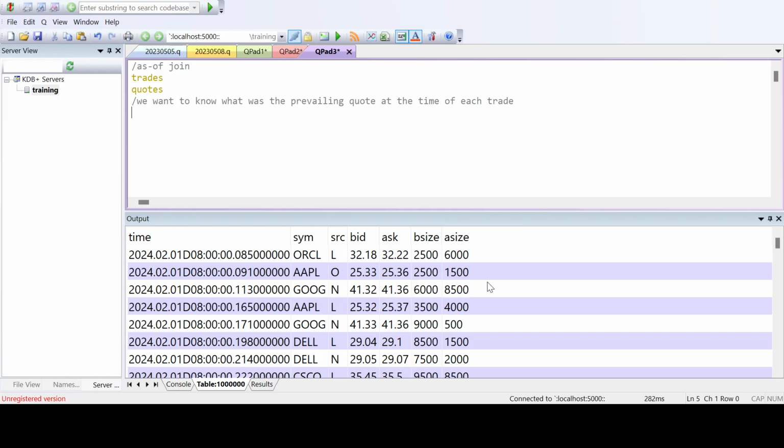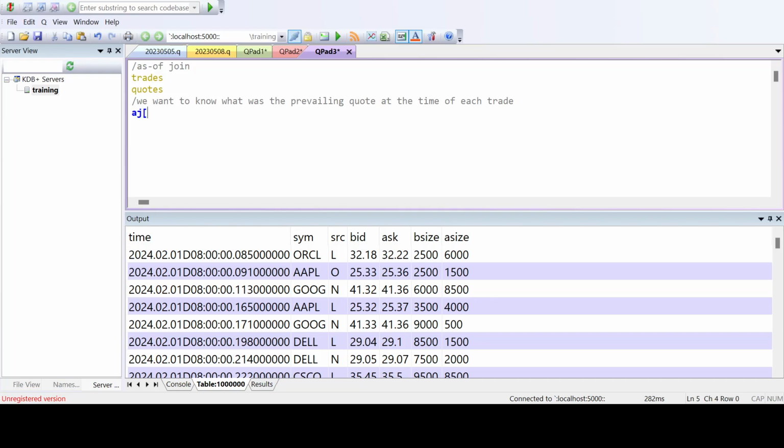So we can't do just any join, like a left join, to get what the quote was at the time of the trade. We want to get the asof value rather than the exact time. That is where asof join in KDB comes in handy.